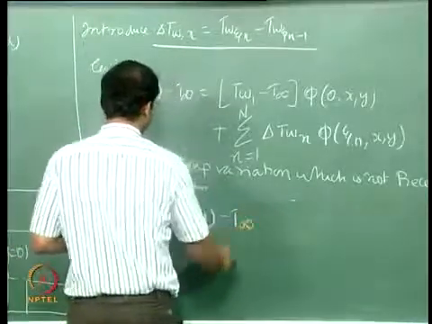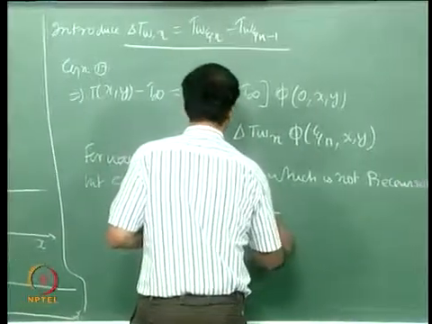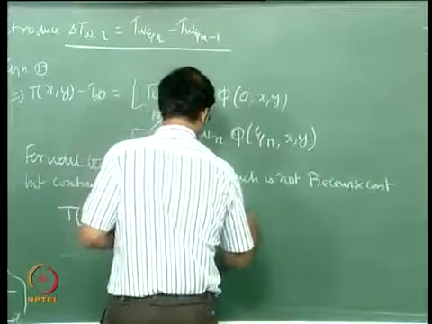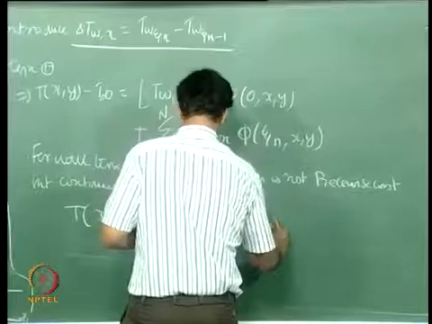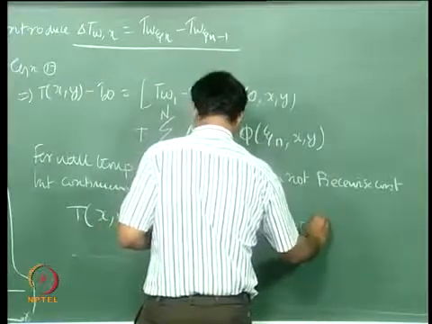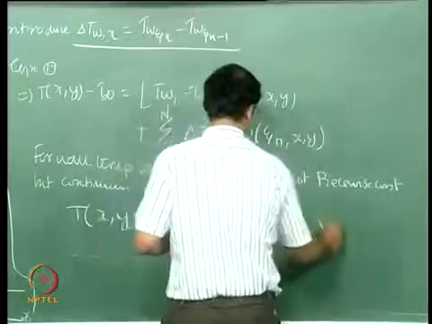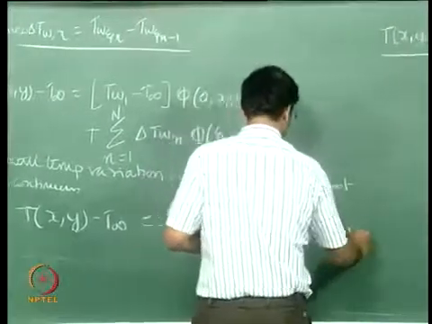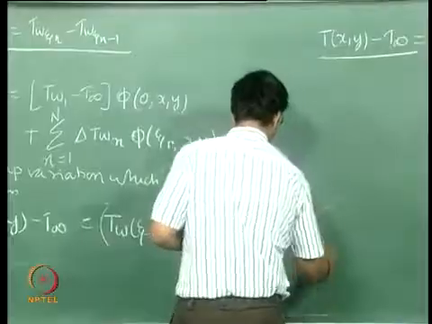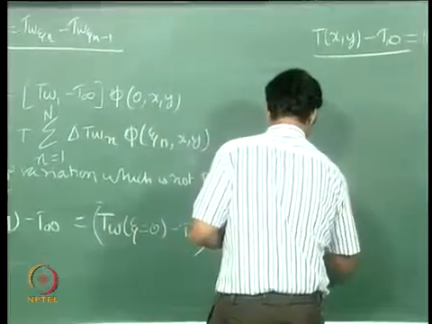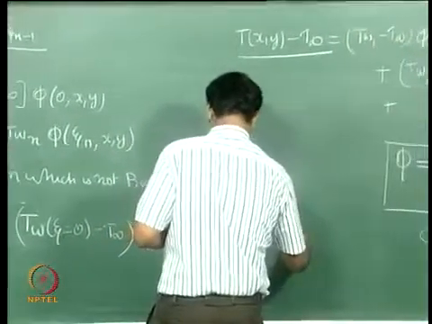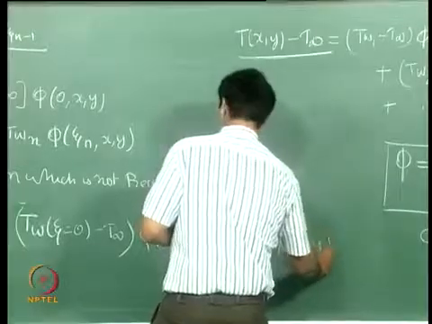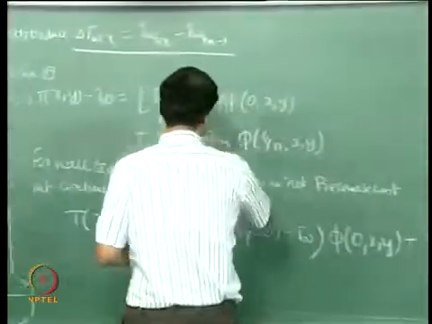discrete summation as T wall zeta equal to 0 minus T infinity into phi 0 comma x comma y plus integral 0 to x phi x zeta x y. Now how do I write this in an integral?